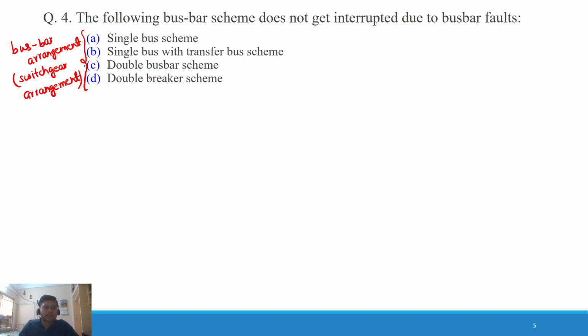For the single bus scheme, we have a single busbar, and if a fault occurs in this busbar, the whole substation will be out of service.